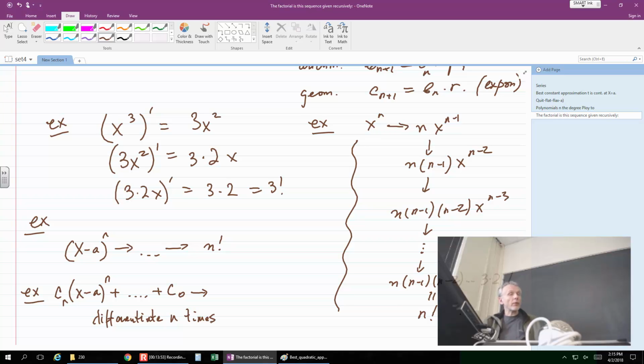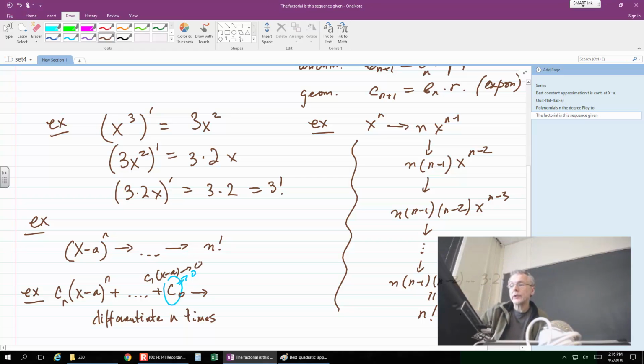What happens? Now, what happens to this term? What happens to this term after one differentiation? It goes to 0. After just one differentiation, it's gone. If you have a linear term, the linear term is say c1 (x minus a).